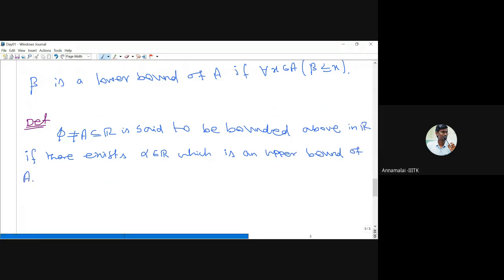So for each set, we have infinitely many upper bounds. If at least one upper bound exists, then we say the set is a bounded above set.